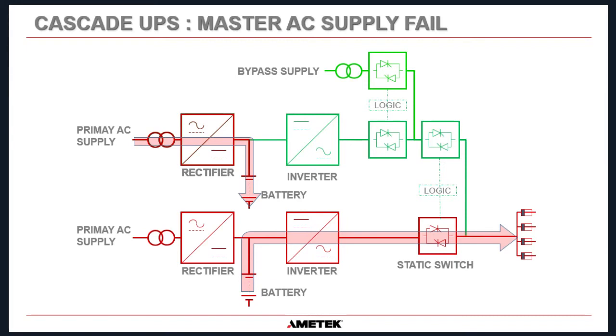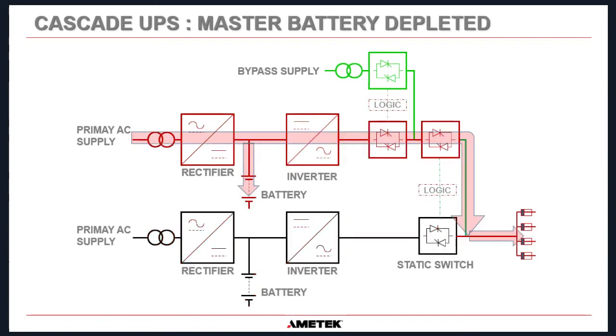Okay, now obviously that battery is discharging, and at some point, if the power doesn't come back on, we are going to have to protect that battery from being over discharged. So if the battery depletes, then the system will transfer to bypass. Okay, so UPS-A has transferred to bypass, and it does that through the bypass static switch.